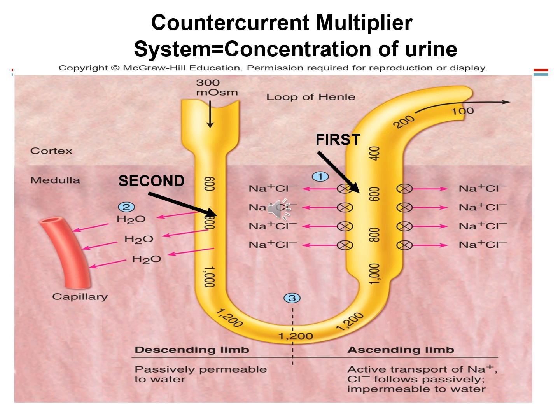especially sodium. Now, when the filtrate gets into the loop, following the arrow at the top left, it is 300 milliosmoles. Try to ignore what happens in the descending loop.